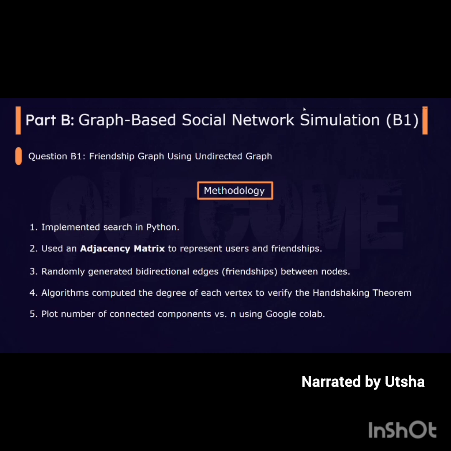Thank you, Wasif. Moving on to part B1, we simulated a friendship graph to model a social network. We used an undirected graph represented by an adjacency matrix. In this model, nodes represent users and edges represent bidirectional friendship. We ran simulations for networks ranging from 500 to 2,500 users.